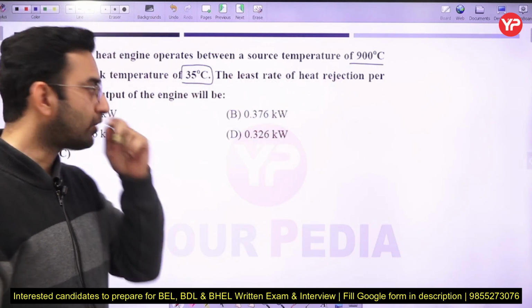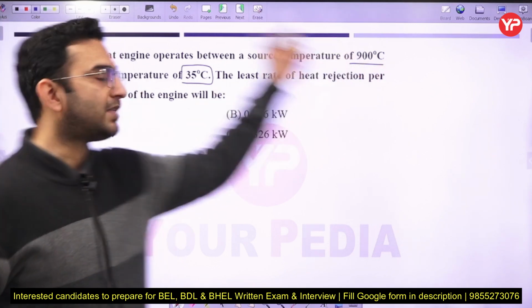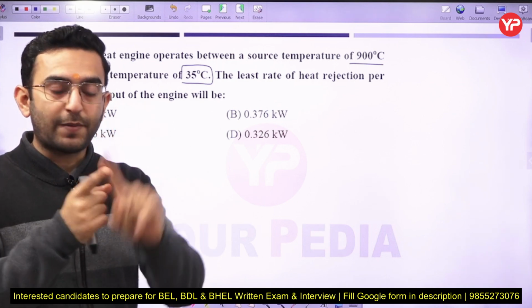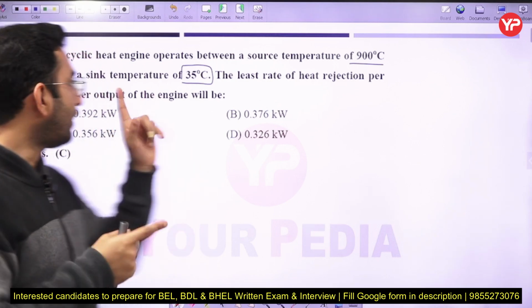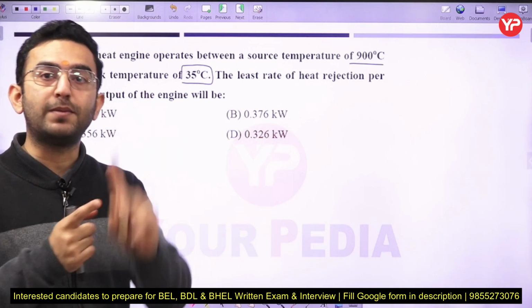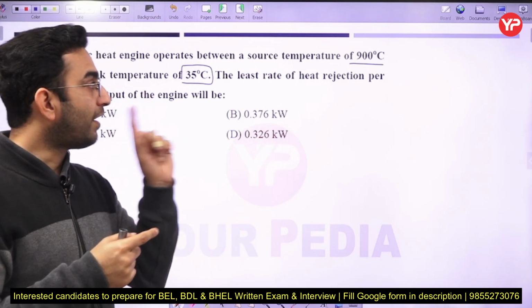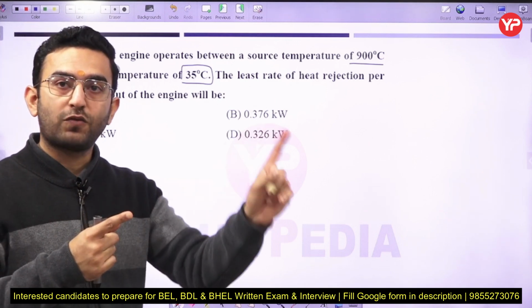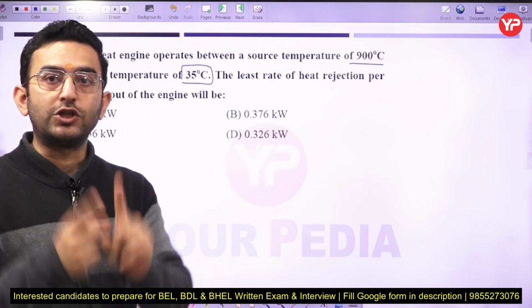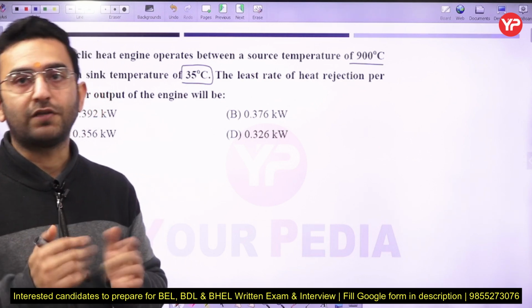Okay, so that means the engine is operating between temperature limits of 900 degrees Celsius and 35 degrees Celsius, and the engine is capable of producing 1 kilowatt net work output from the system, so you have to calculate the minimum rate of heat rejection. Always remember, whenever you want to calculate the maximum work output from the system, or the least rate of heat rejection, you have to assume that the engine is a Carnot engine, or I can say a completely reversible engine here.